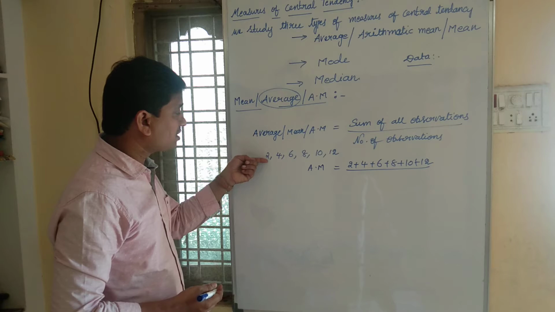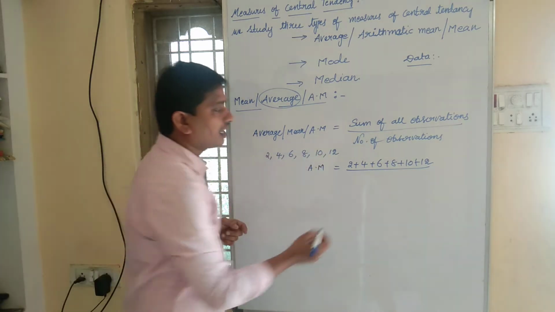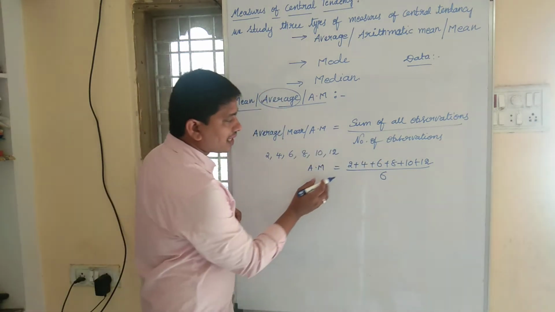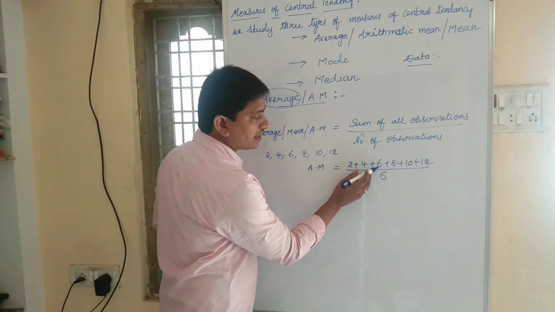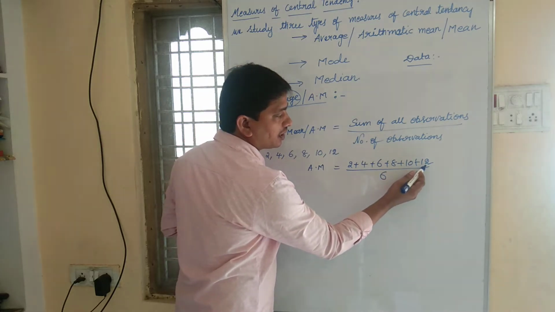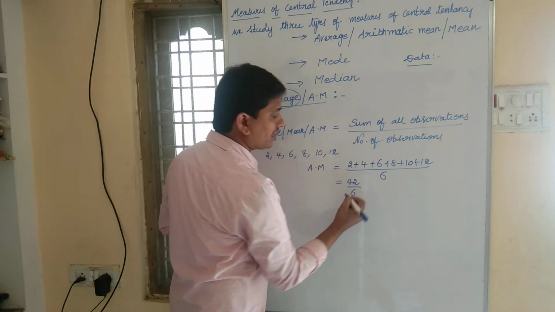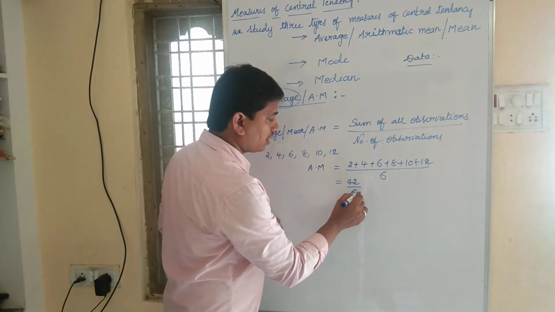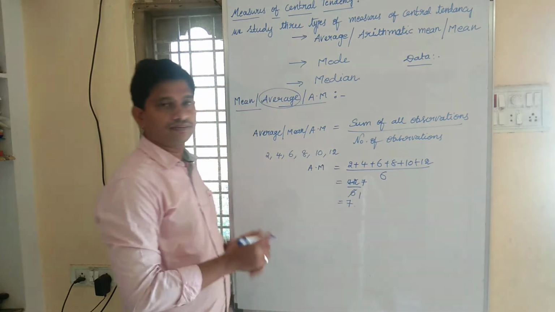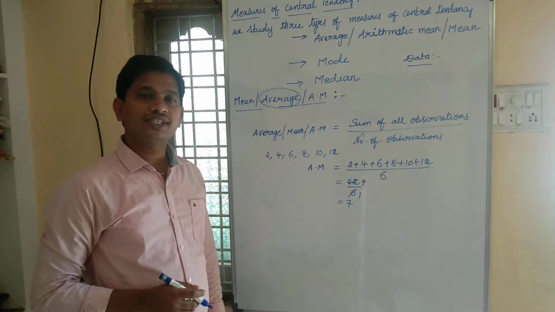How many observations are there here? 1, 2, 3, 4, 5, 6. Number of observations are 6. Let us add: 2 plus 4, 6; 6 plus 6, 12; 12 plus 8, 20; 20 plus 10, 30; 30 plus 12, 42. So 42 divided by 6. 6 times 7 is 42. So that is equal to how much, children? 7. What is the arithmetic mean of first 6 even numbers? It is equal to 7.